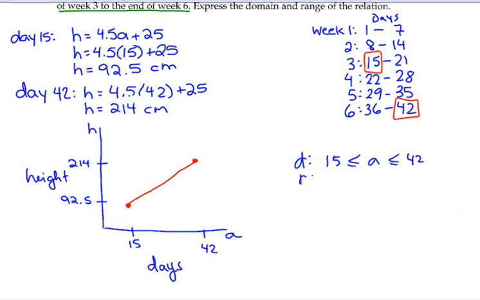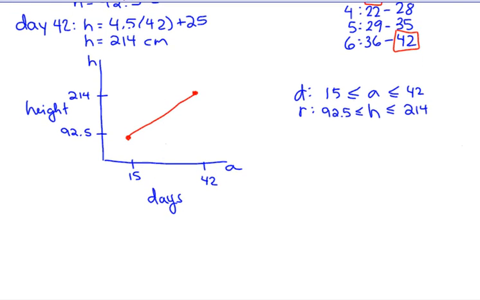Our range, what's our variable for range? h. And what are we between for our height? 92.5 and 214. And that's it.